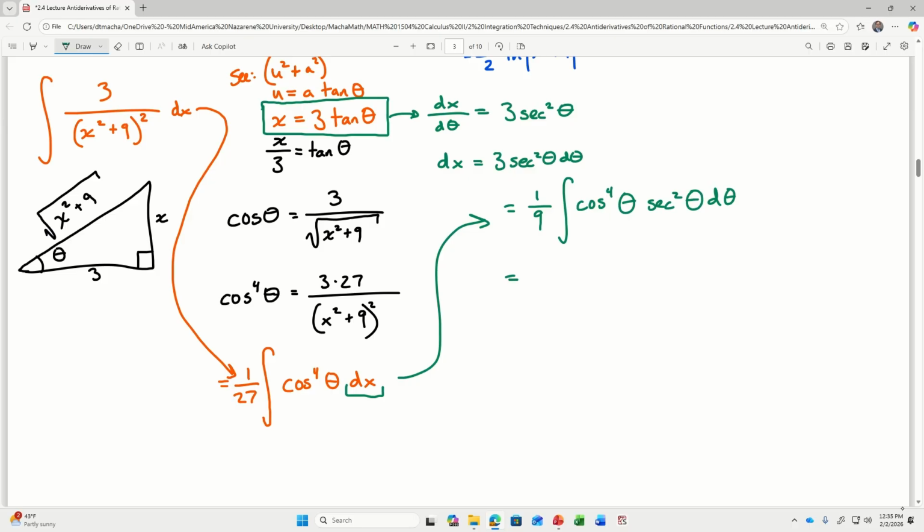And how does that simplify? Is that just simplified to cosine squared of theta d theta? Great. Very good. Yeah, cosine and secant are reciprocals, so those are going to cancel each other out to just cosine squared theta.